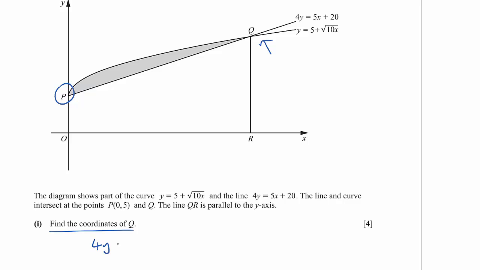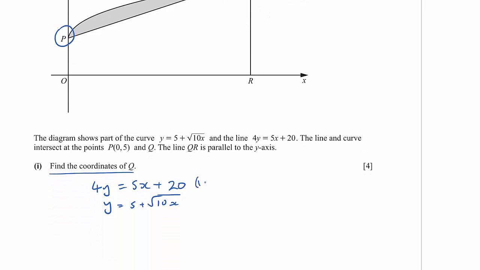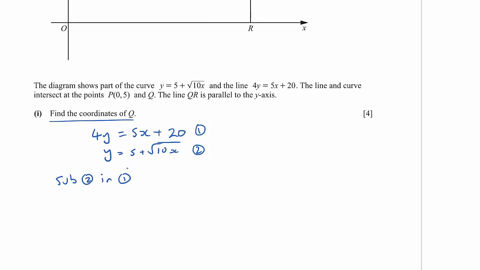So we've got 4y equals 5x plus 20. And we've got y is equal to 5 plus root 10x, with the x inside the square root like that. Okay, well, let's just substitute 2 in 1 and see what happens.